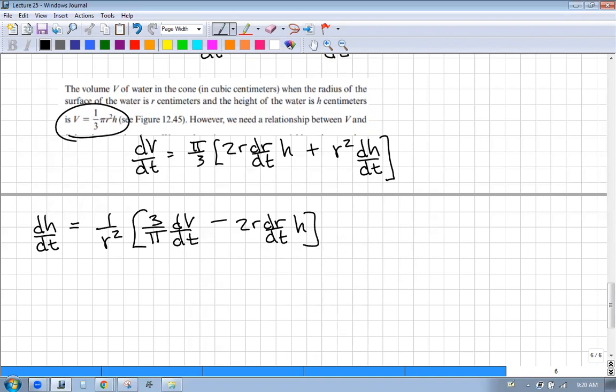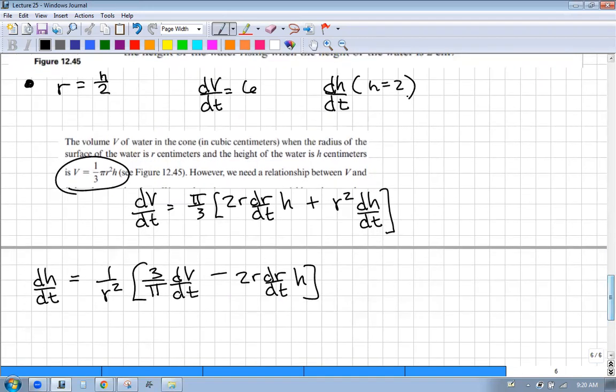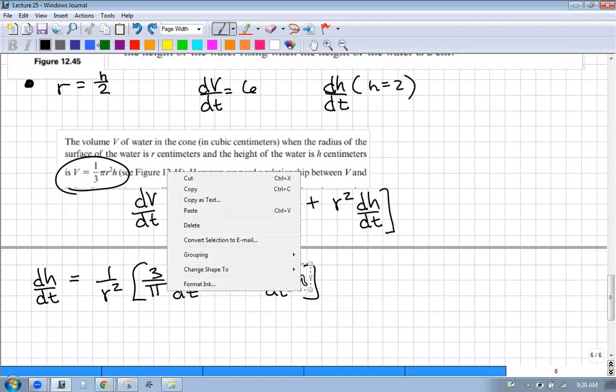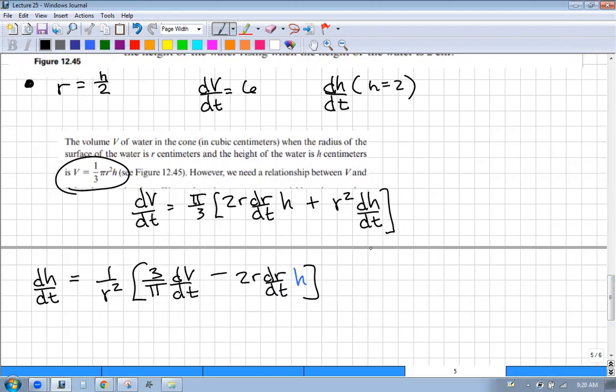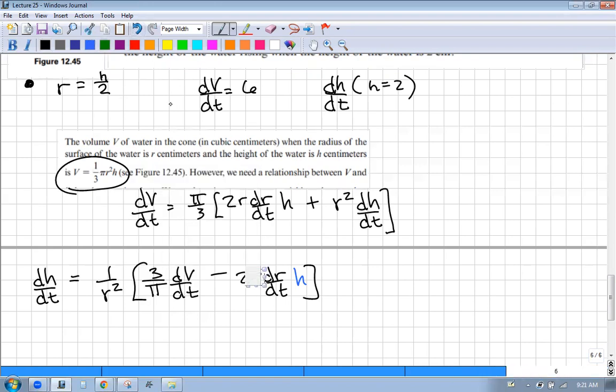So they say we want to know what this is when h is 2. Okay, so here's h. All right, we know what that is. But what about all these other things? What about the r, the dV/dt, the dr/dt? Well, they give us r is always h over 2. So, all right, we know what that is.